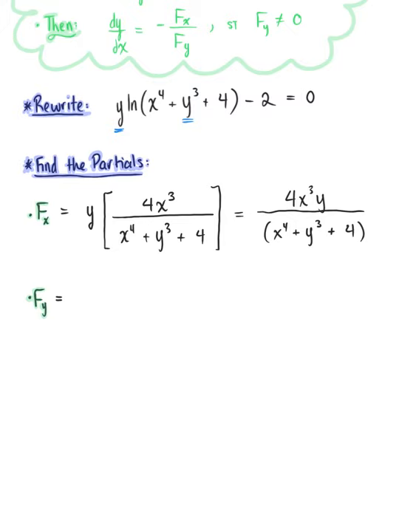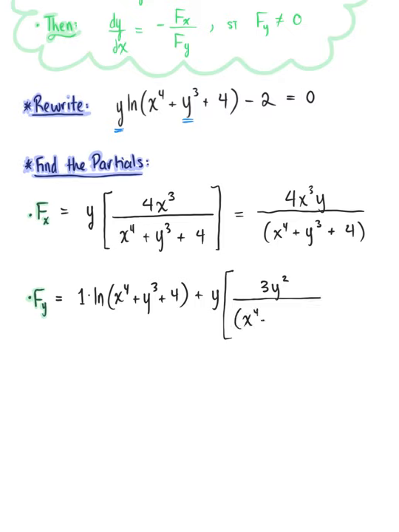By the product rule, this will differentiate to 1 times the natural logarithm of x to the fourth plus y cubed plus 4, plus y multiplied by the derivative of the natural logarithm with respect to y, which leaves us with 3y squared, all divided by x to the fourth plus y cubed plus 4.